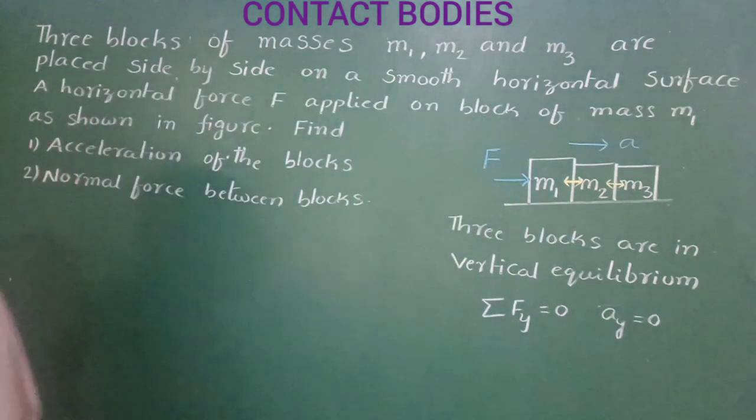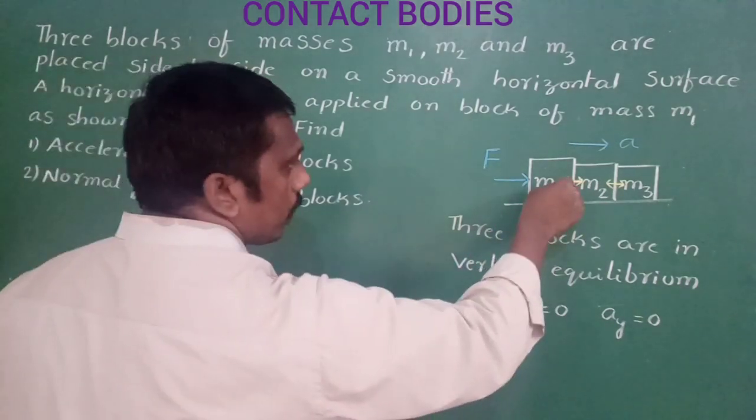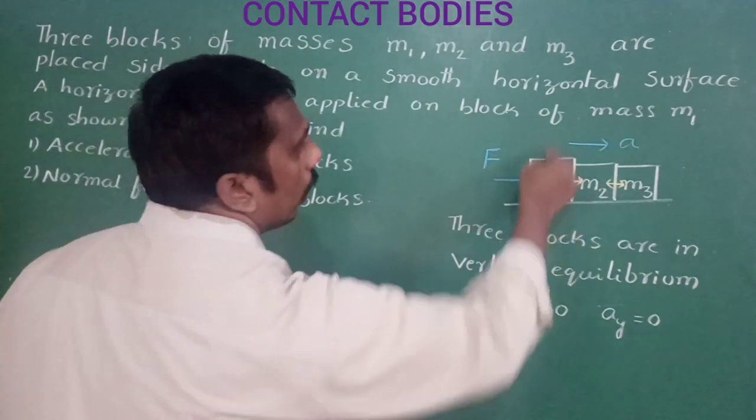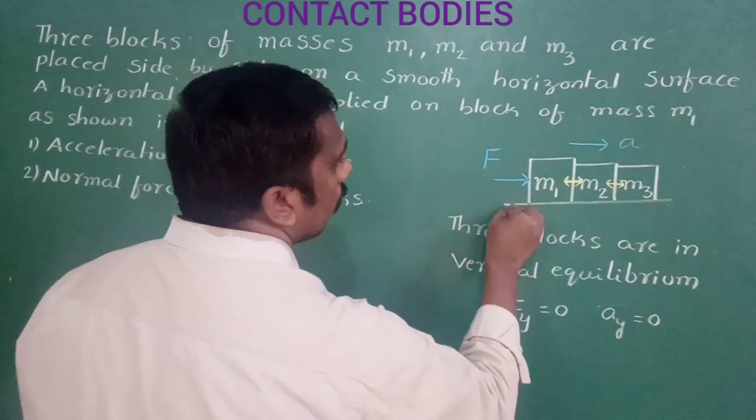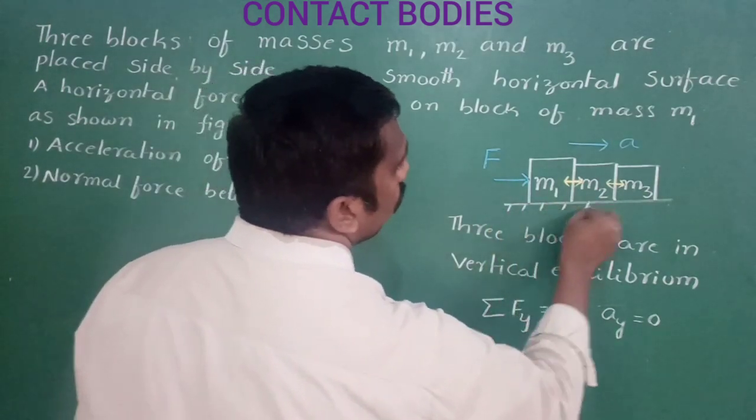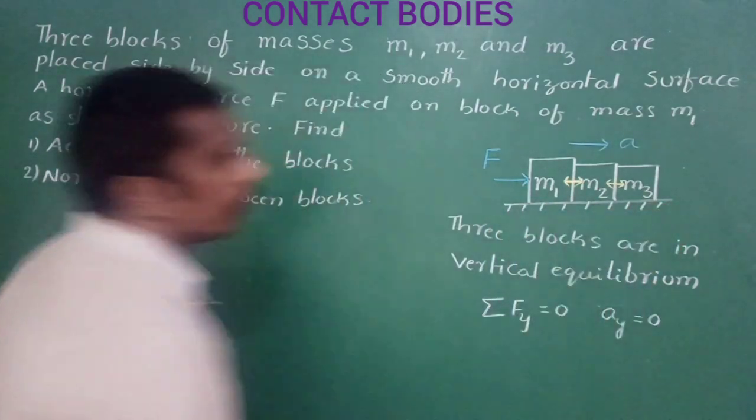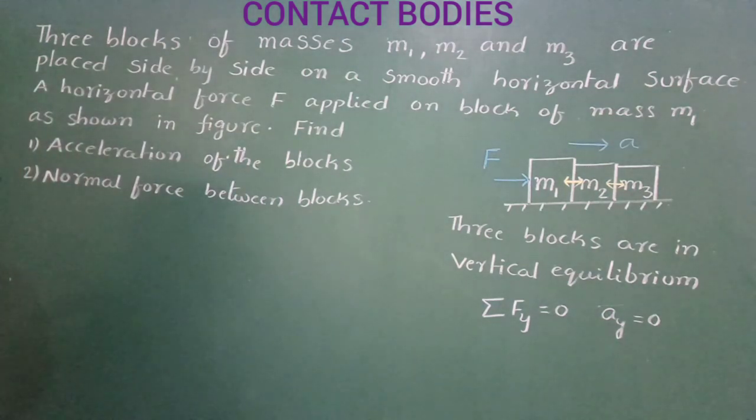That's why no need to consider the vertical forces. Vertical forces means weight of the block acting in downward direction and normal reaction by the ground in upward direction. So those forces no need to consider. Here consider only horizontal forces.